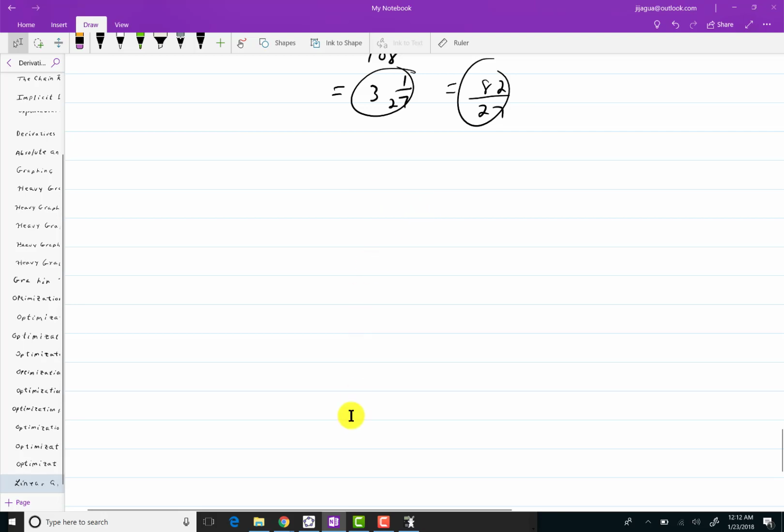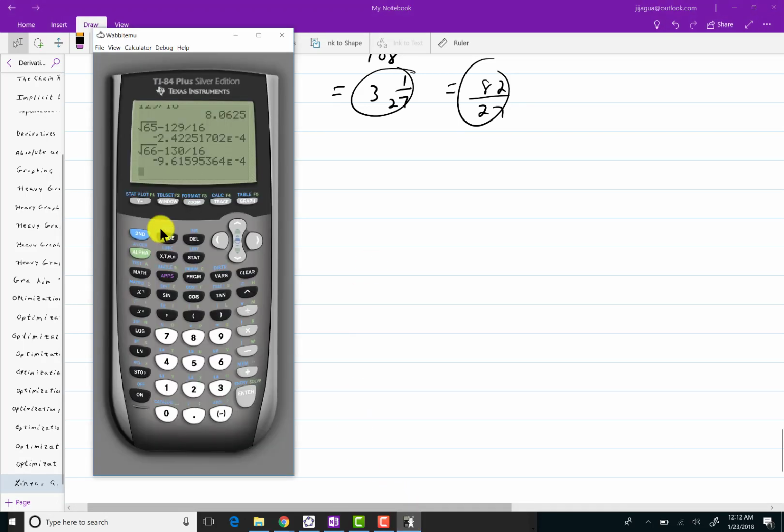So let's compare the fourth root. I'm going to take 85 to the 1/4 and subtract from it 82 over 27.